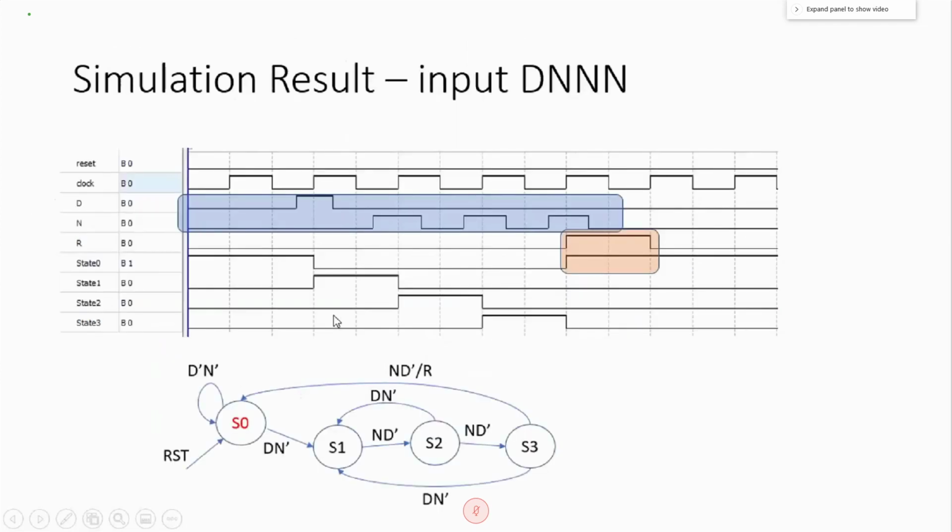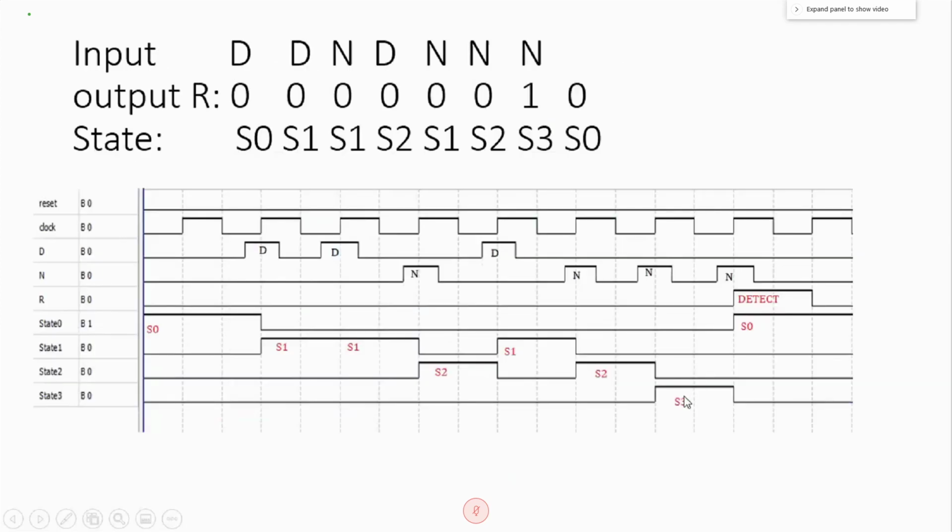So not only do you show me the right one, D, N, N, N, but also show me if your sequences are not right. This one okay, this one is not okay. This is okay, not okay, okay, okay, okay. So you verify with your state diagram. That one is very clear, and you can tally.